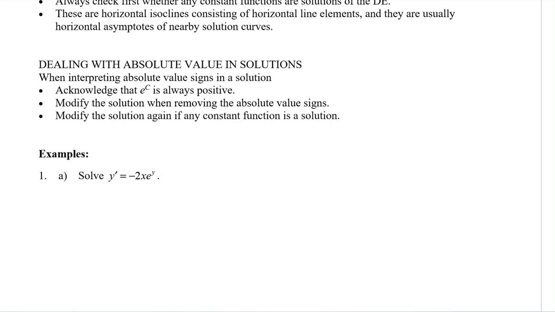It doesn't matter if the constant is positive or negative, e to any power is always going to be a positive value. Modify the solution when removing the absolute value signs, and then modify the solution again if any constant function is a solution. It's much easier to see this in action, so let's do it.